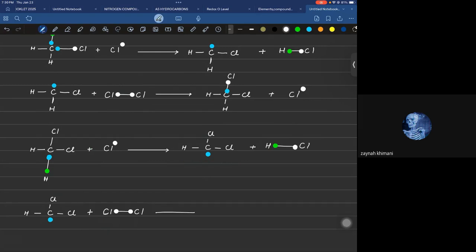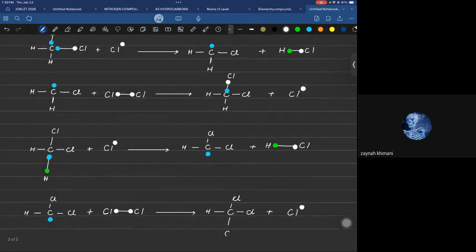You can see this. Again, the chlorine radical is formed, and the chlorine is attached over here.